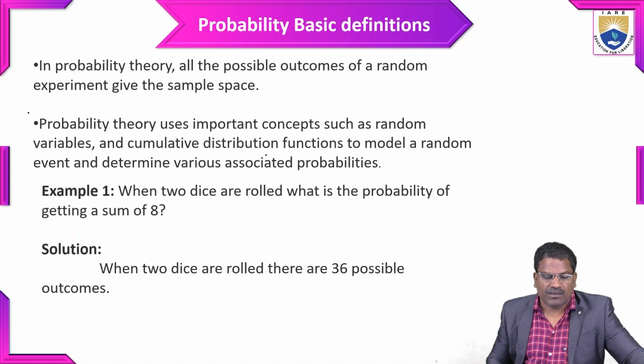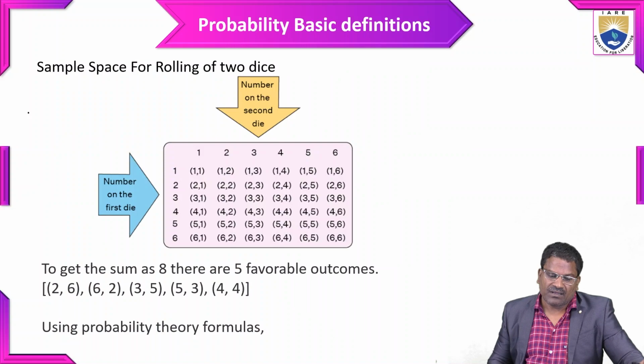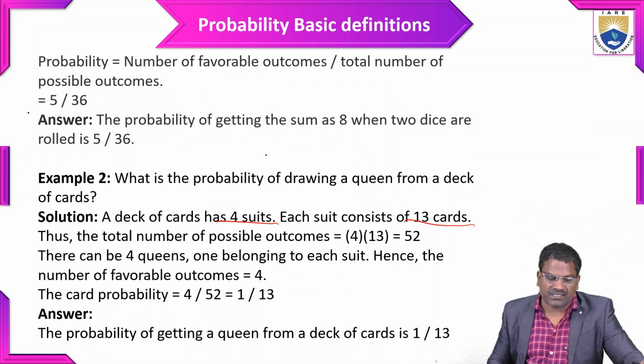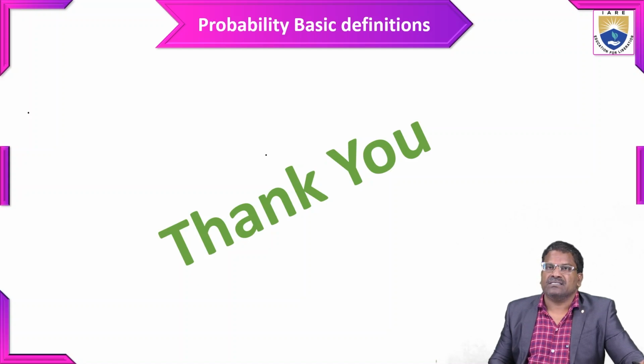Probability theory uses important concepts such as random variables and cumulative distribution functions to model a random event and determine various associated probabilities. Depending on the definitions, we can see some sums like this.